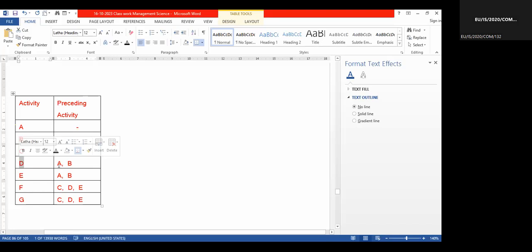A and B. That means after completing activities A and B only, we can start activity D. Similarly, to start activity E, we also have to complete activities A and B. So for D, A and B are preceding activities.